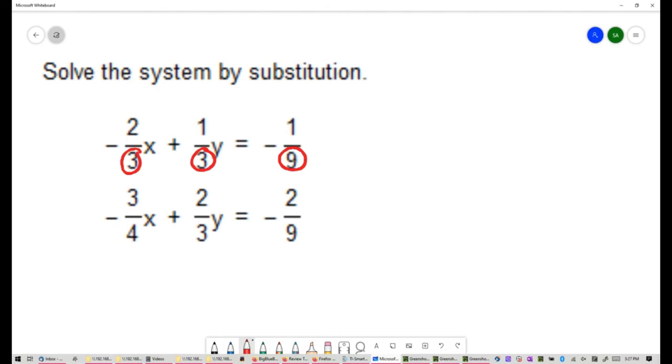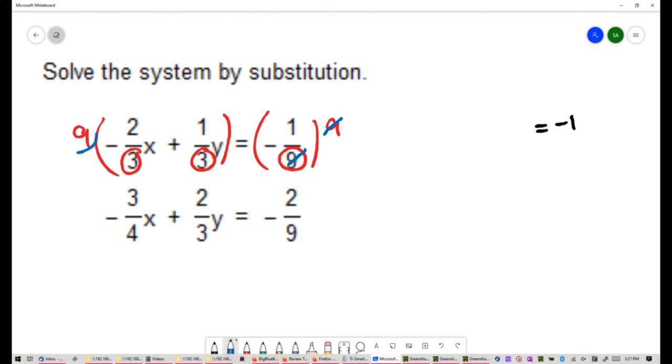So in order to clear the fractions for this equation, I'm going to multiply by 9 on both sides, a 9 on the left and a 9 on the right. On the right-hand side, those 9s cancel, so the new equation is going to equal negative 1.